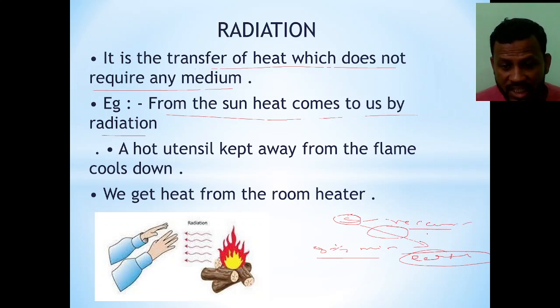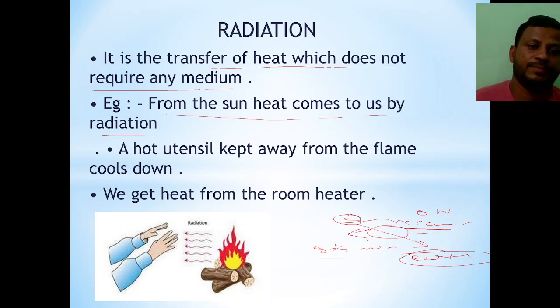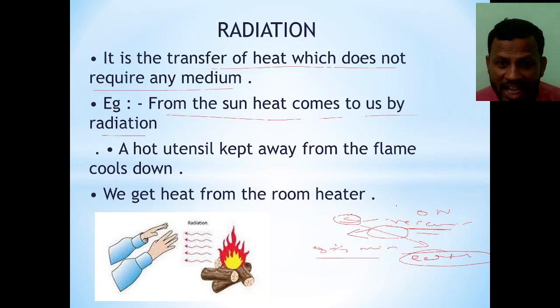There is no gas, no carbon dioxide, no oxygen, no nitrogen, nothing. Vacuum means a totally empty region. Even so, sunlight reaches the earth from the sun, which means radiation can travel without a medium. This is known as radiation. I hope you understood this.